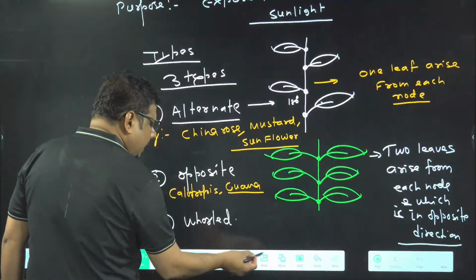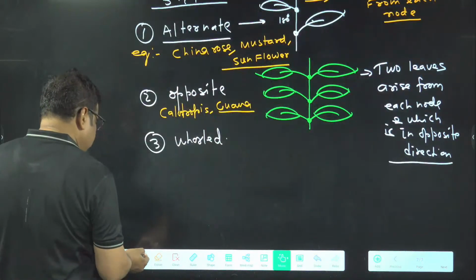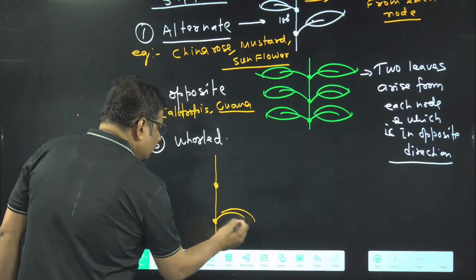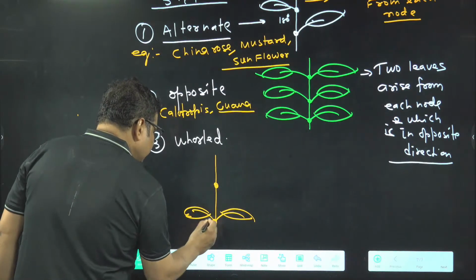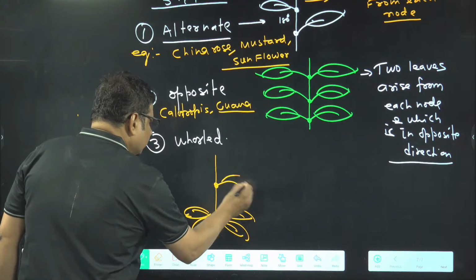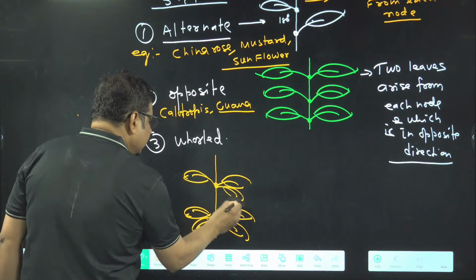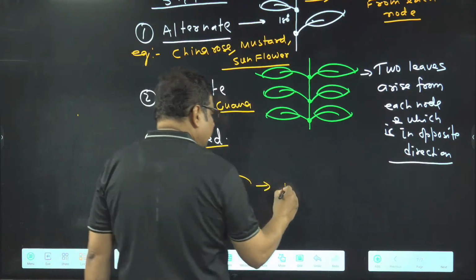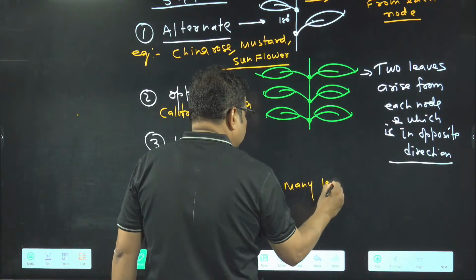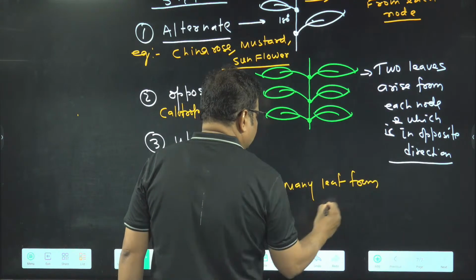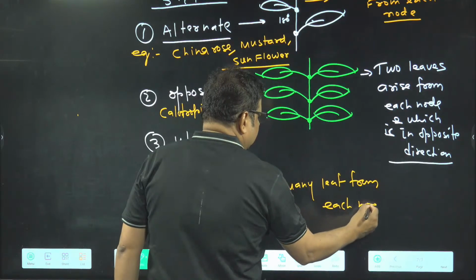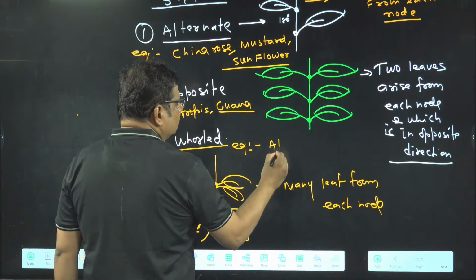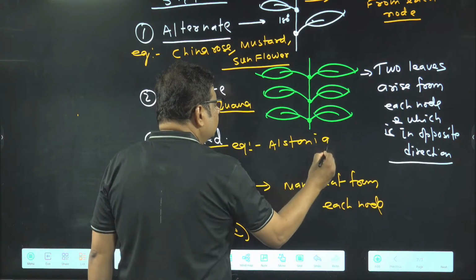And whorled phyllotaxy. Just have a look. This is a node, this is another node. From each node, multiple leaves, many leaves are arising, more than two leaves arising like this. Such a kind of phyllotaxy is called whorled phyllotaxy. The example for whorled phyllotaxy is Alstonia. Have you seen the Alstonia plant?